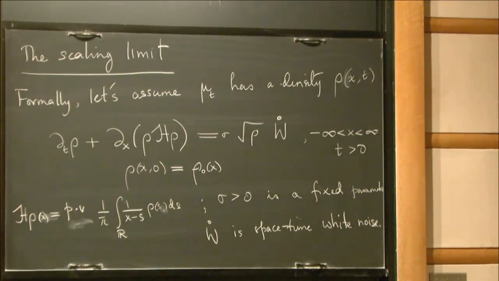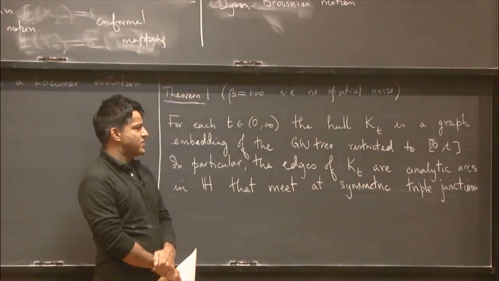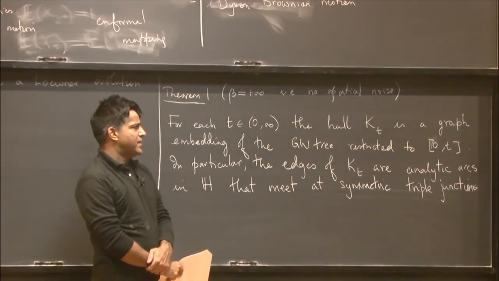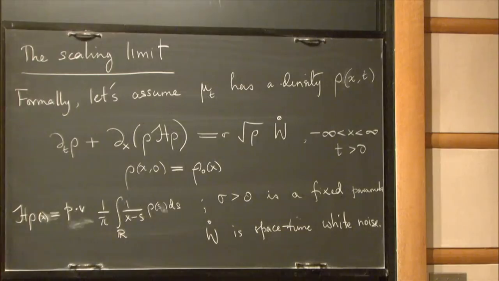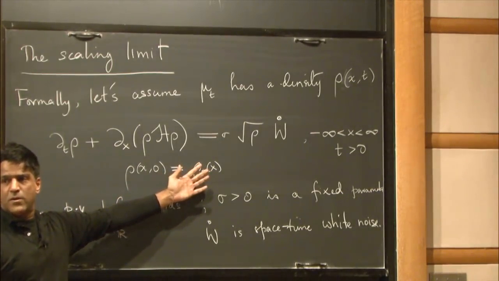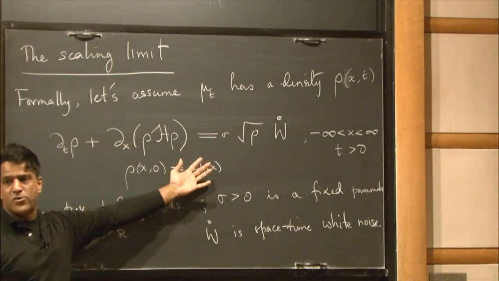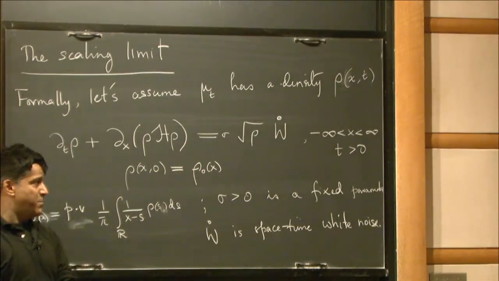There are basically two theorems that go with this limiting equation. One theorem is that this limiting equation is well posed. It's a stochastic PDE, and if I choose a finite initial measure, then the stochastic PDE is well posed.